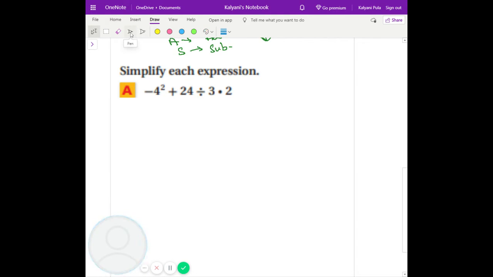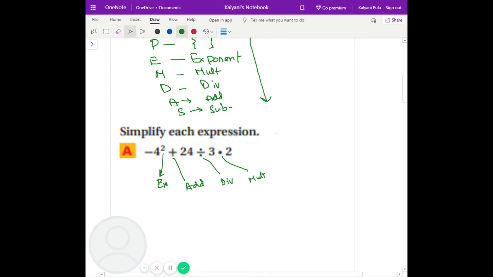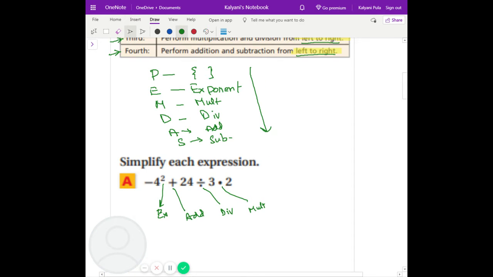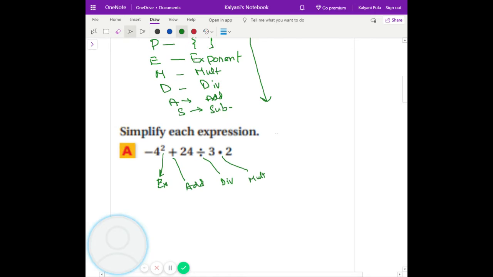When I look at this question right here, obviously I see an exponent, and also an add, a divide, and a multiplication. Out of these, which one should I do first? Exponent. Agree, Avi? Yeah.